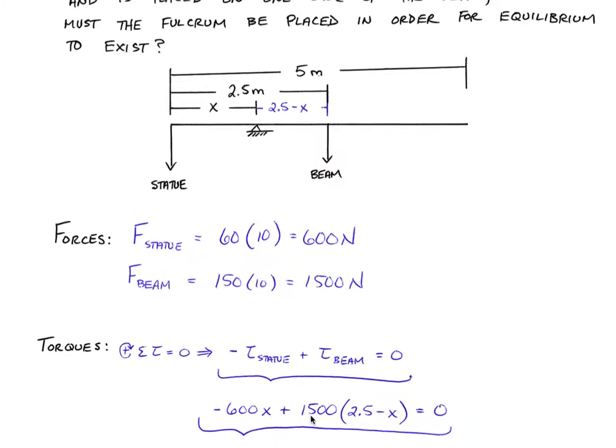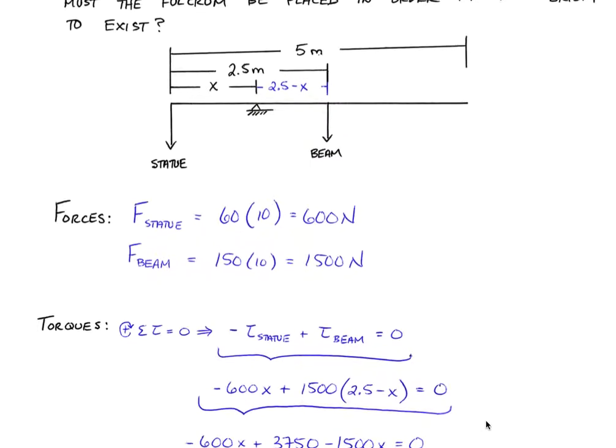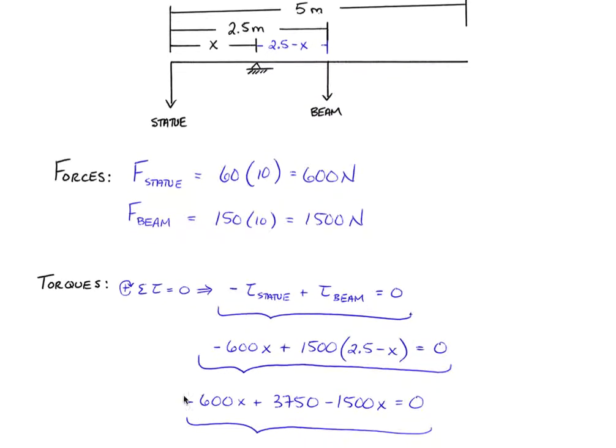So if I plug in my numbers, negative 600, which is the force of the statue, times whatever distance that force is from the fulcrum, plus 1,500, which is the force of the beam, times that distance, which in this case is 2.5 minus x, must equal 0. If I distribute that out, I get negative 600x plus 3,750 minus 1,500x must equal 0.